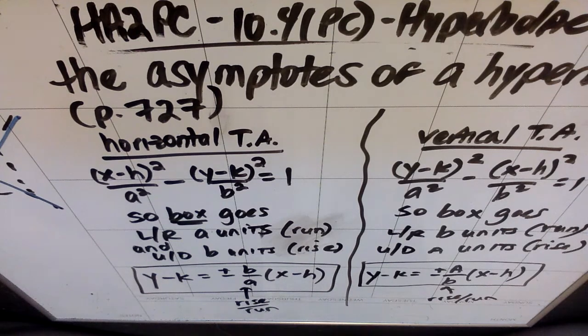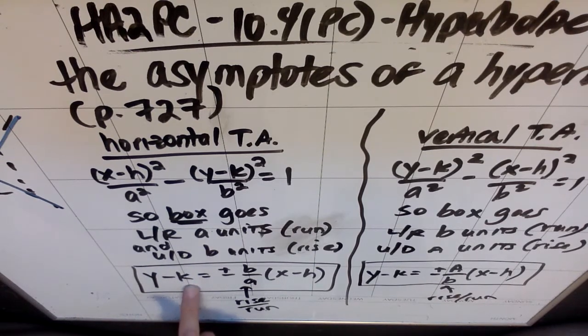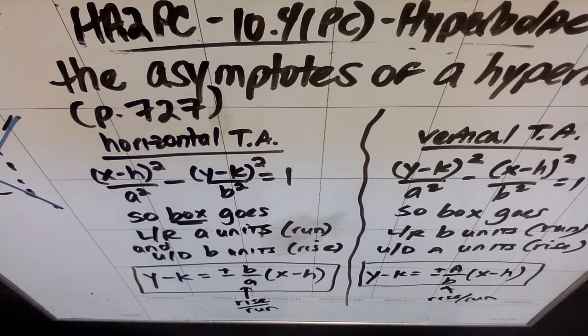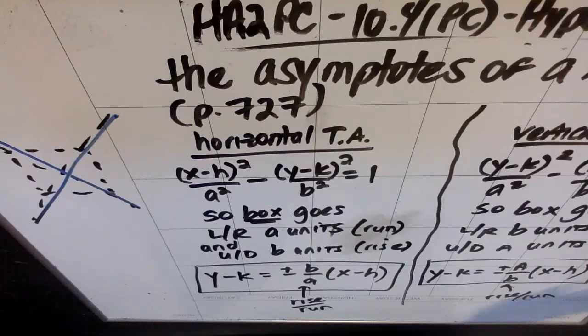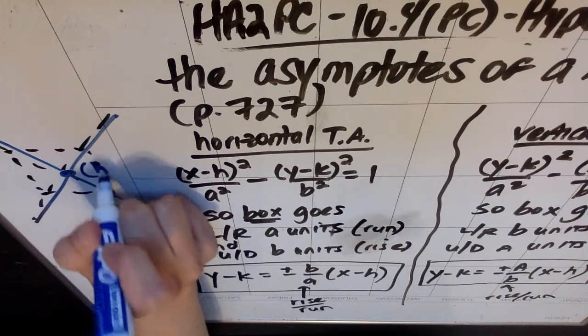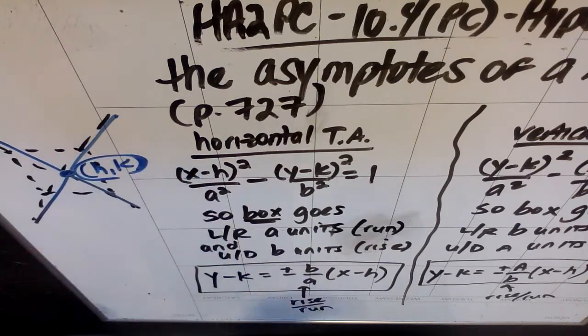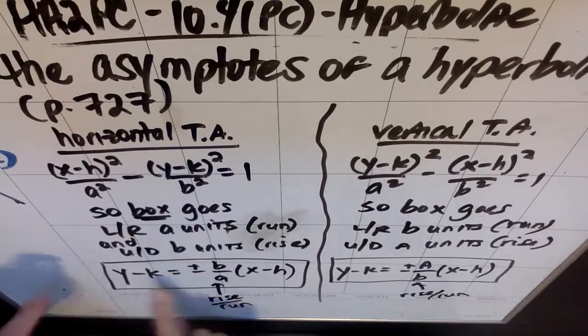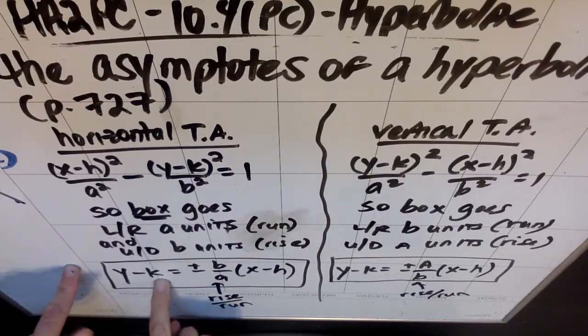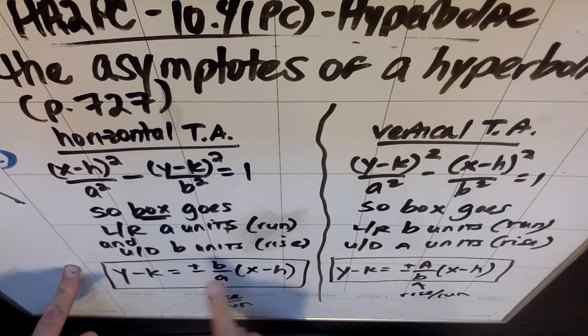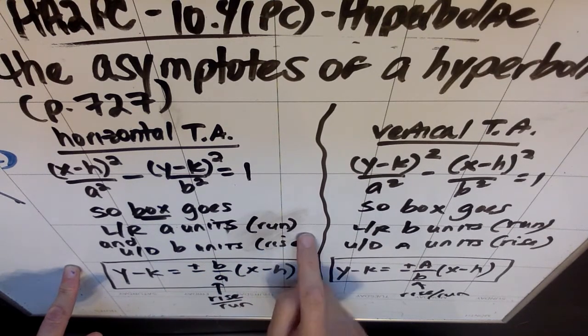Slope is just rise over run, so if you use point slope, y minus the y value, which happens to be the y from the center, because if you go back to this little picture I drew here, this spot right in the middle that hits both lines is h comma k. The only spot that occurs on both of these asymptotes, the point where they intersect, is the center. So y minus the k, which is the y value of the center, equals, and then my slope is plus or minus the rise over the run.